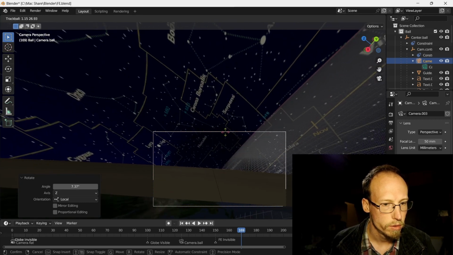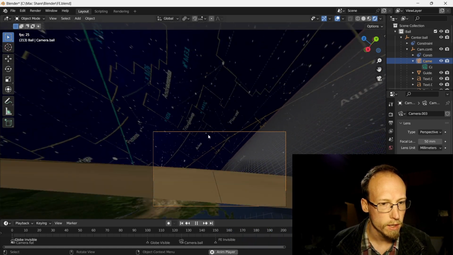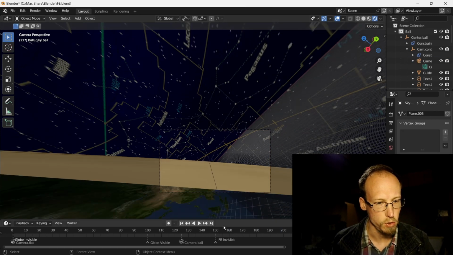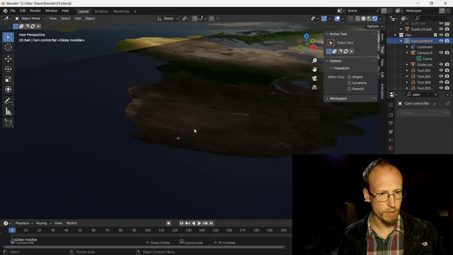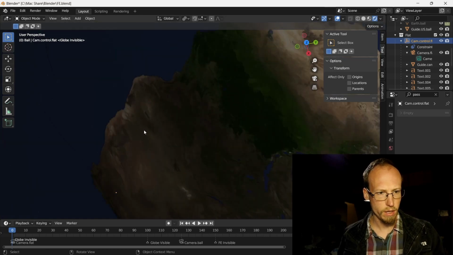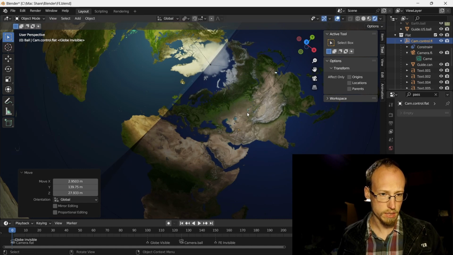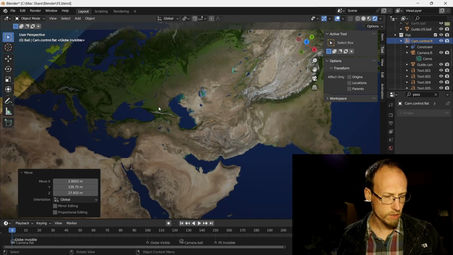Okay. And so kind of ignore this boundary of the camera. Your eyesight would be much closer to the entire viewport. All right, so now we can move this camera here. Now this map is a lot easier to navigate your camera on.